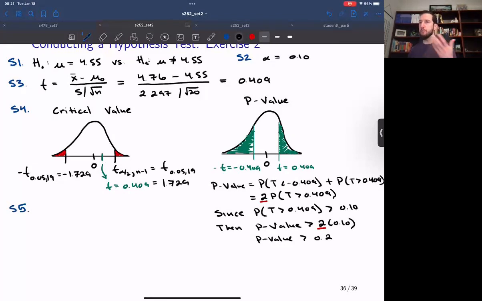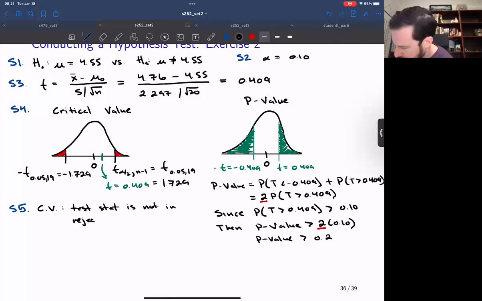Okay, on step 5, we simply have to make a decision about the null. Again, the p-value and the critical value approach are going to agree here. So if we take the critical value approach, we can see that the test stat is not in the rejection region, do not reject H0.